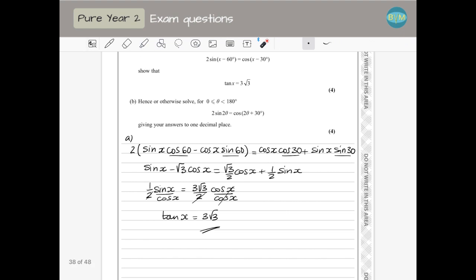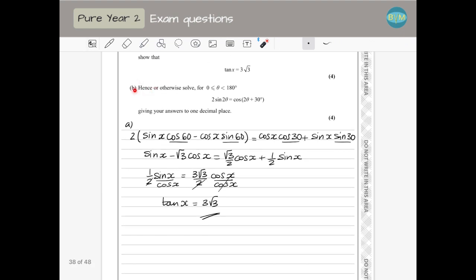Then for B, I have "hence", so even if they say otherwise, I'm going to use that. For theta between 0 and 180, I have to solve this equation, and give the answers to one decimal place.